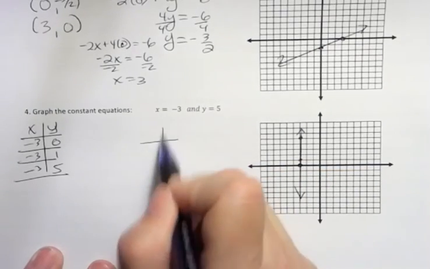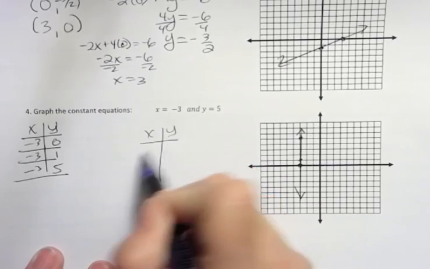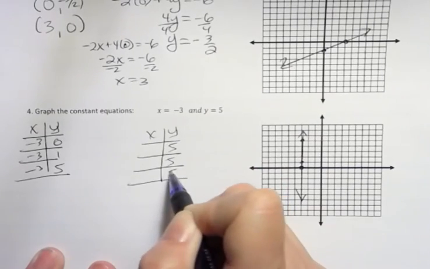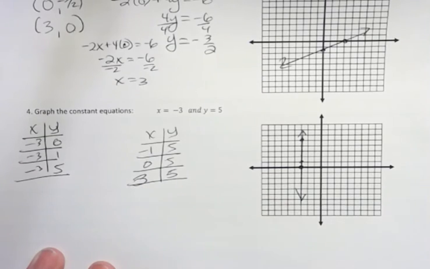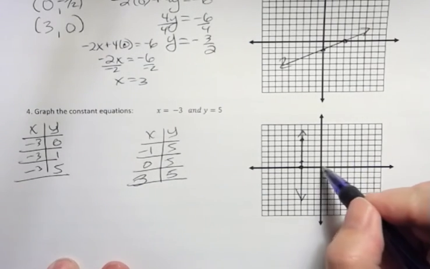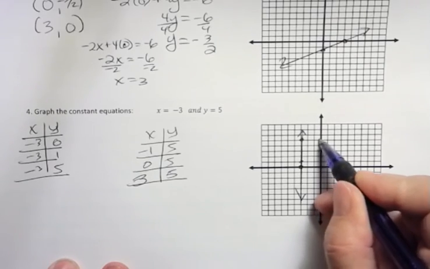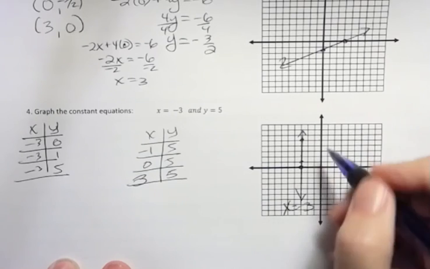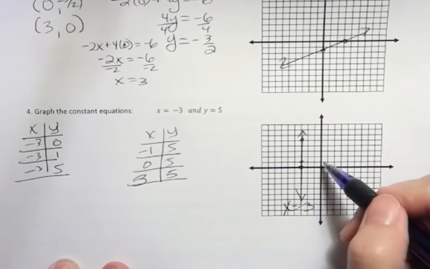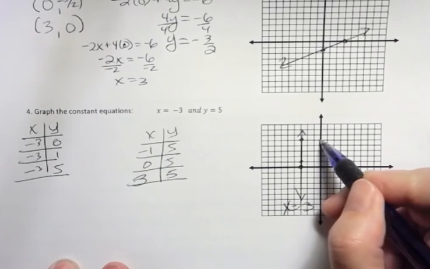What about y equals 5? Well, in that case, we say y is always 5, and x can be whatever we want it to be. I put -1, 0, and 3. Well, y is 5, 1, 2, 3, 4, 5. Let me write this down here. X equals -3. That's the vertical line. And then up here I have 1, 2, 3, 4, 5.